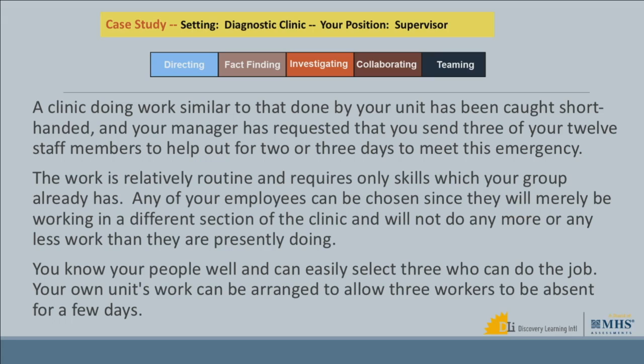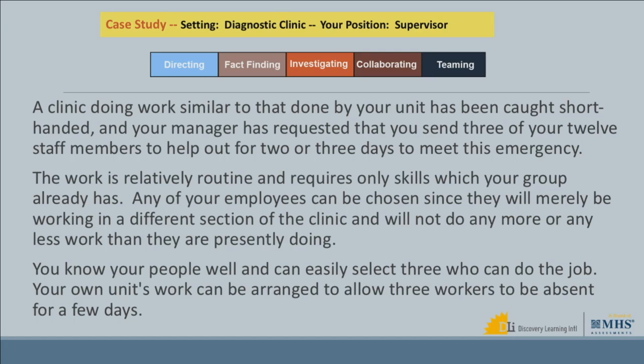Let's say a clinic that's doing some work similar to that done by your unit has been caught short-handed, and your manager requested that you send 3 of your 12 folks to help for a couple of days to meet that emergency. The work they'll be doing is relatively routine and requires only the skills that your group already has. What they usually do for you, they'd be doing over there. Any of your employees could be chosen, since they'll merely be working in a different section of the clinic.